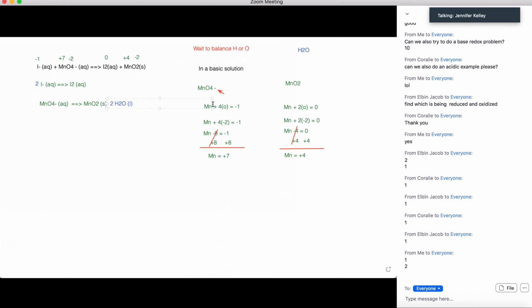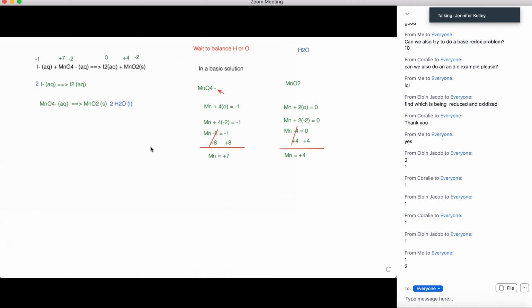One thing to keep in mind when we're doing this, we're not adding water to a solution as if we were in a lab and we had MnO4 minus in a container and we added water to it. This is not the same thing. This is actually what's in the solution when it is a base.